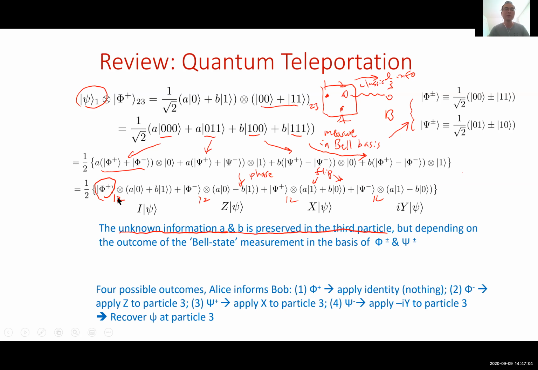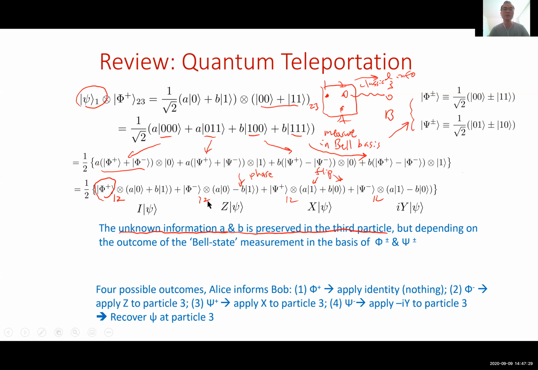By measuring 1 and 2, you project the third particle into the corresponding 4 possible states. By knowing which outcome, then the B side can do a corresponding recovering operation. For example, if this is the measurement outcome, you don't need to do anything on the third particle.